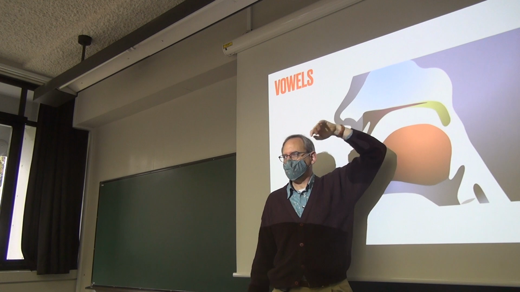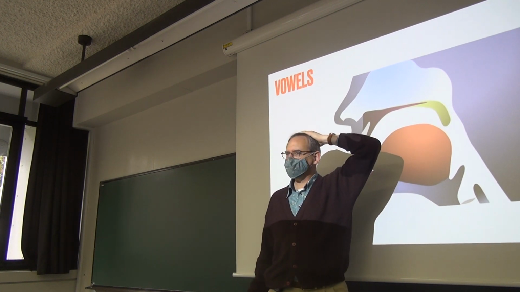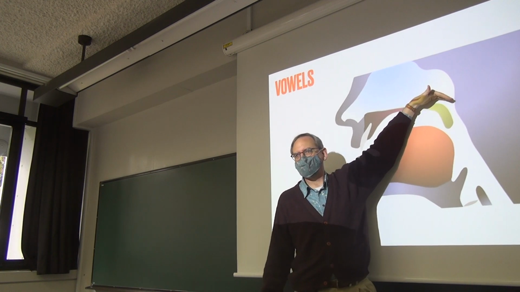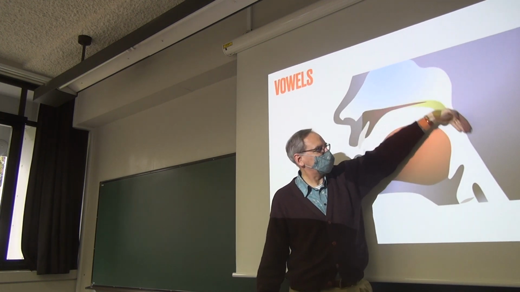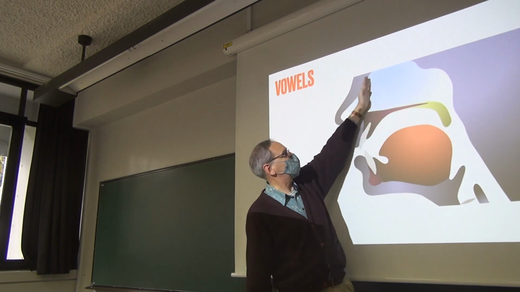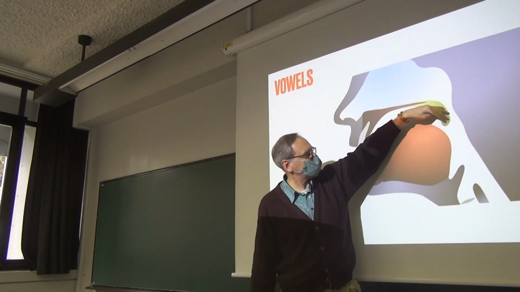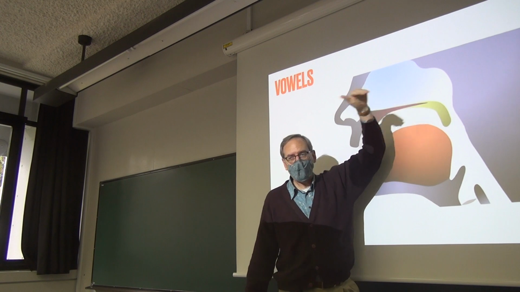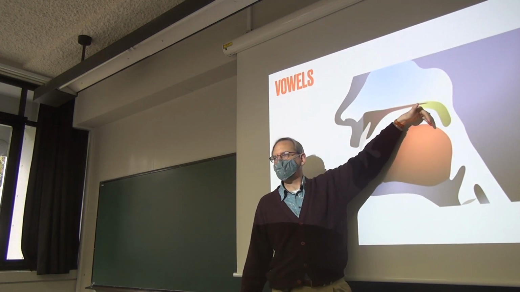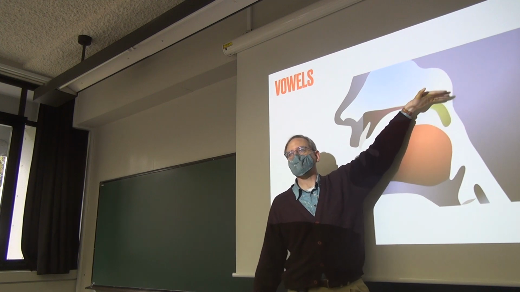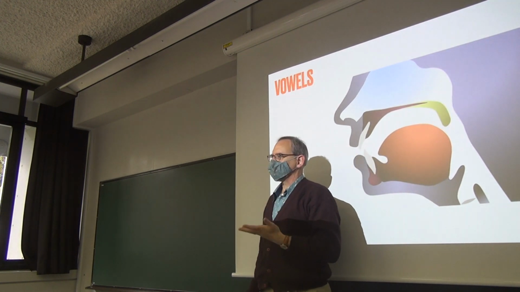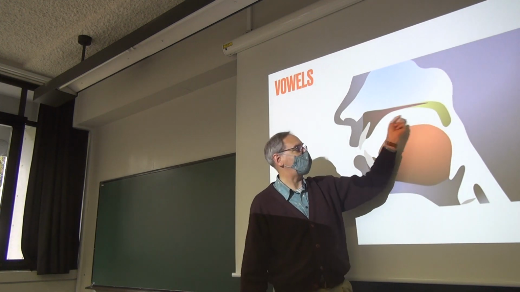When you go swimming, when you hold your breath underwater, you raise the velum to prevent water from entering through the nose, and the pressure of the air pushes out that way. So this moves, and it's used for different speech sounds. It's lowered for nasals, and it's raised for what we call oral segments produced in the mouth.